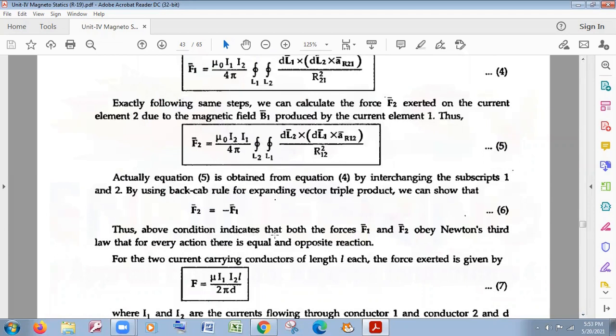Thus, the above condition indicates that both the forces F1 bar and F2 bar obey Newton's third law, that for every action there is an equal and opposite reaction.